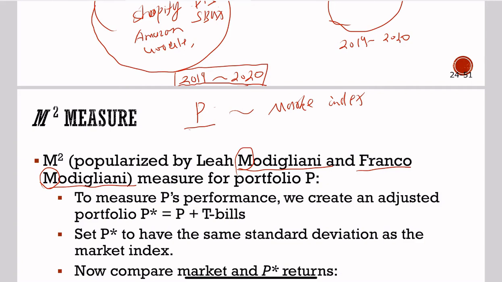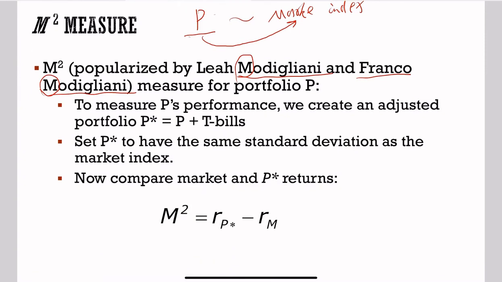I will force my portfolio to have the same standard deviation as the market index. And then I will use this scaled portfolio's return as a benchmark, and compare it with the market return. Okay, let's see how exactly this works.